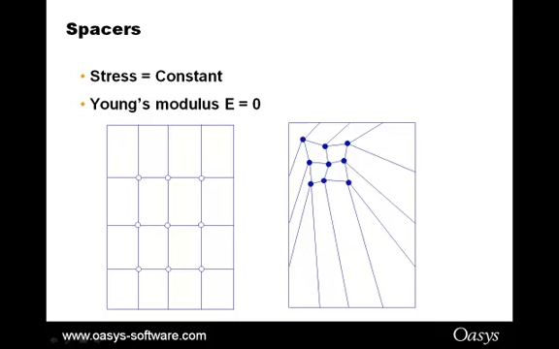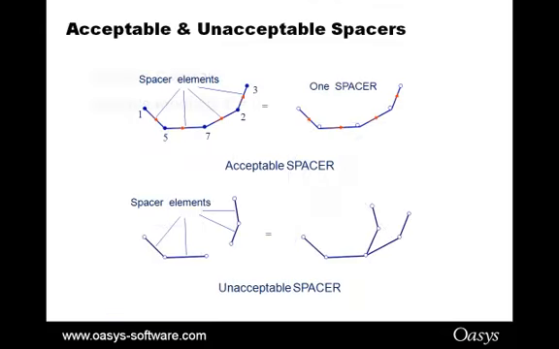Stiffness, as I mentioned. Under the soap film, the stress is constant, the stiffness is 0, the nodes are therefore free to move around, and so we need to use spacers in the model to control how the nodes are spaced apart. Now these spacers are special elements. See the top example there.